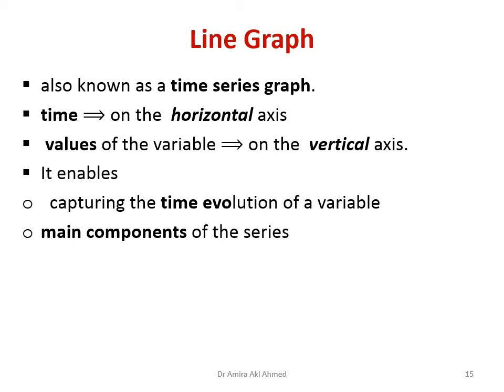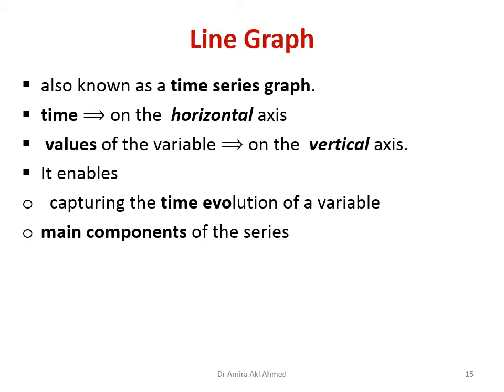A line graph is also known as a time series graph. It enables us to plot the values of an economic or financial variable against time. In this graph, time is measured on the horizontal axis, and the values of the variable or variables in which we are interested are measured on the vertical axis.